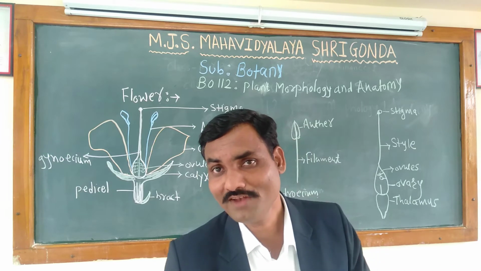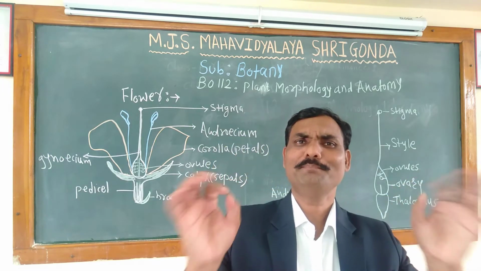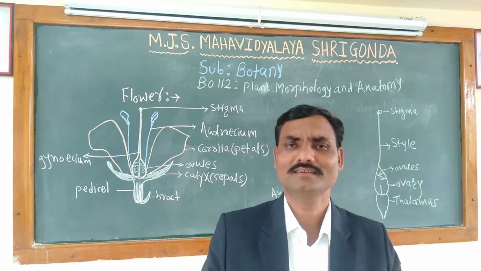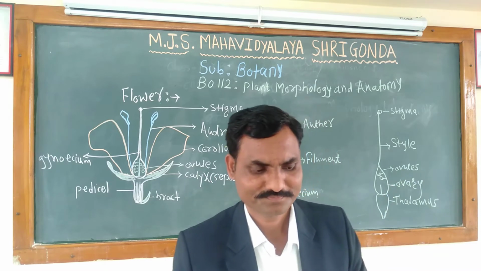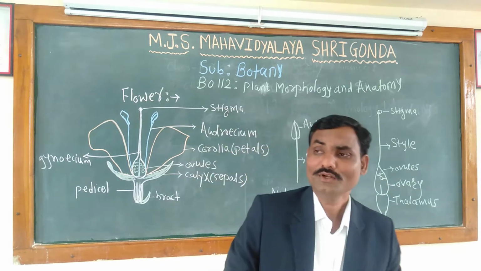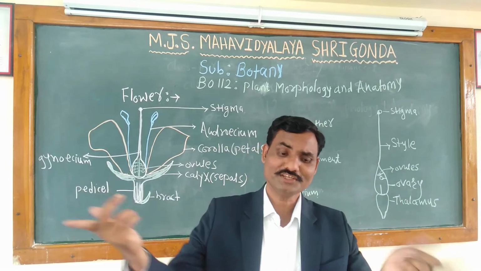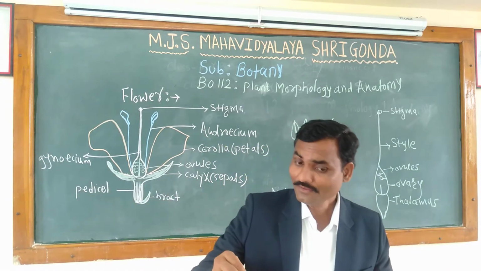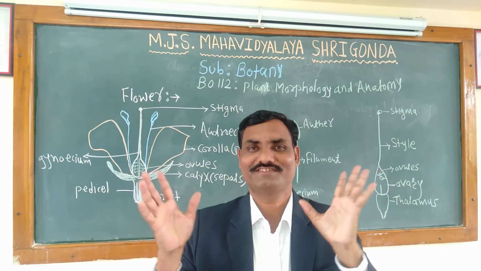What is the function of flower in angiospermic plant? The reproduction is the main function of the flower. Then we know that after pollination and fertilization, that flowers develop into fruits and seeds.